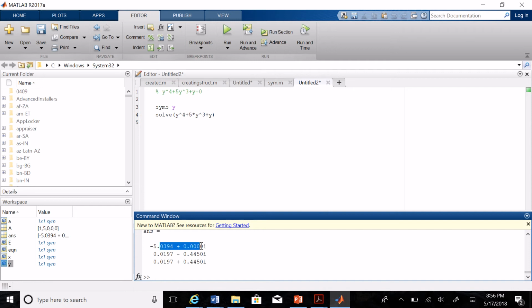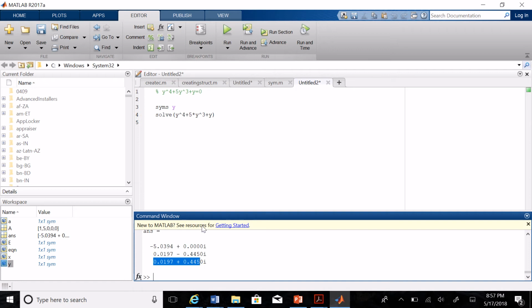It's minus 5, because the imaginary part's coefficient is 0, so it's almost minus 5. And these are approximately 0, because the real part is almost 0 and the imaginary part has a coefficient. So the precision is high.